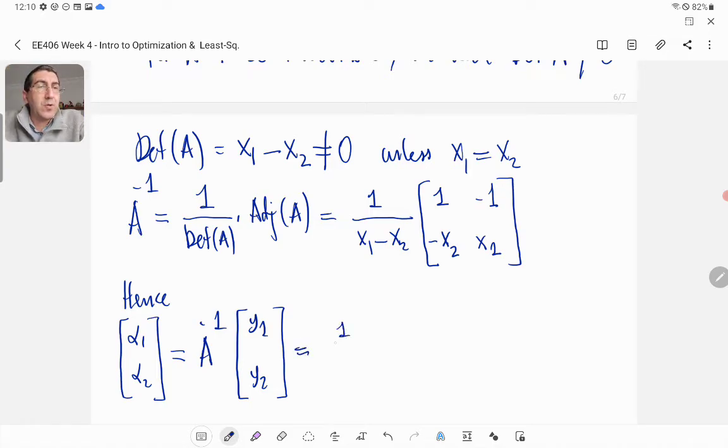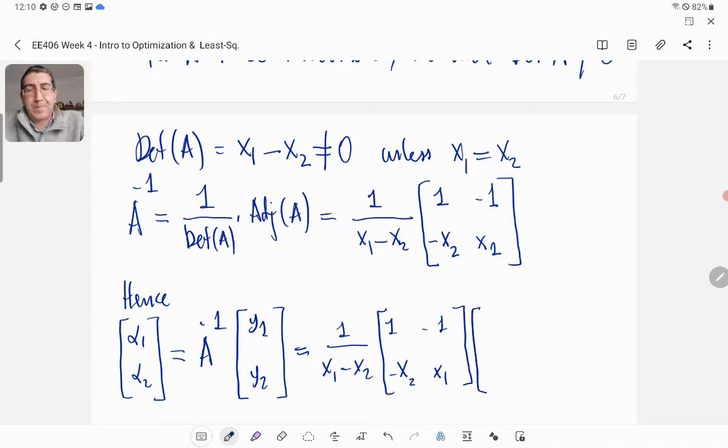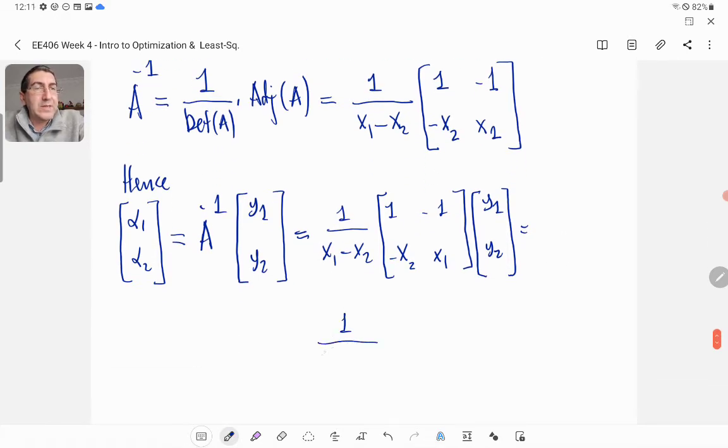Well, that is equal to 1 over x1 minus x2, this matrix 1, minus 1, minus x2, x1, times y1 and y2, and that is equal to, let's keep the 1 over x1 minus x2 over here. Let's make the multiplication. This is 1 times y1 minus y2, so y1 minus y2. And in the second entry, you have minus y1 x2 plus x1 y2.